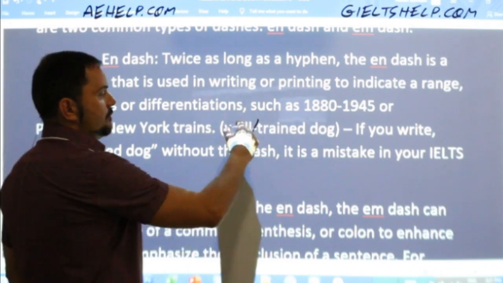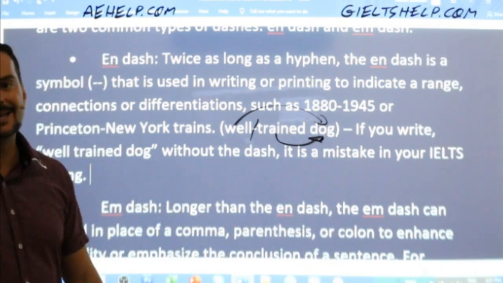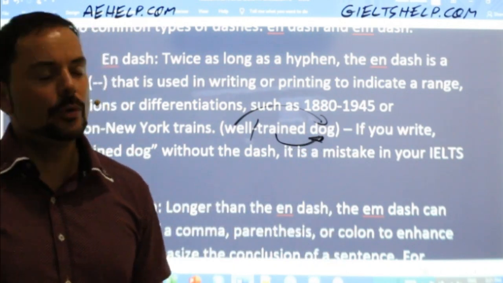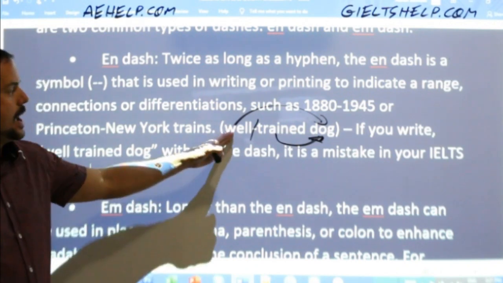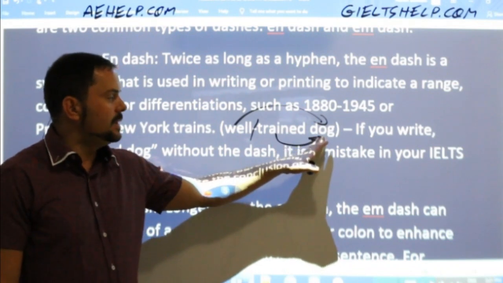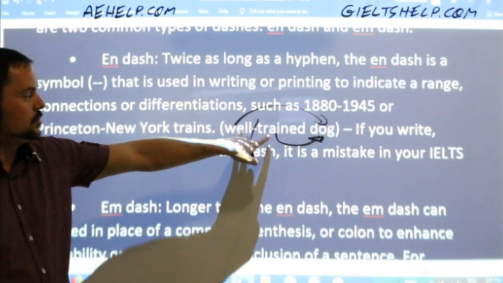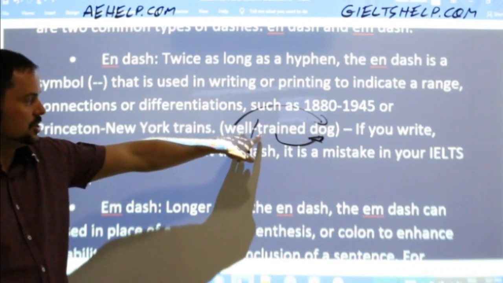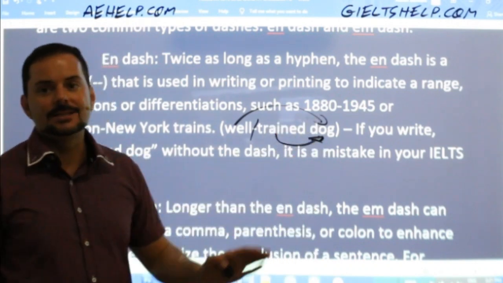Now I have well dog and trained dog. Does that make sense? No, it doesn't. This adjective only really makes sense when these two words are connected to each other. If I just go well dog, trained dog, it doesn't make sense.